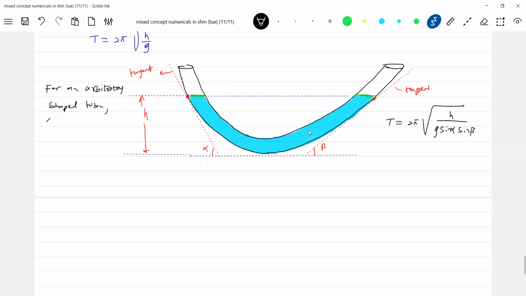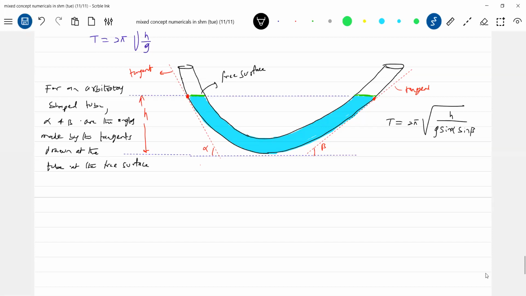Alpha and beta are the angles made by the tangents drawn at the tube at the free surface. Okay, this is the free surface.